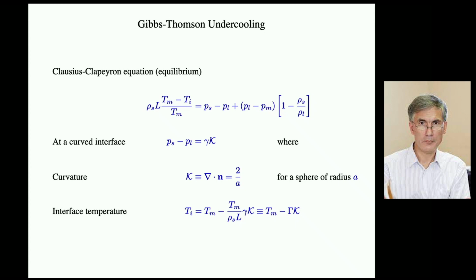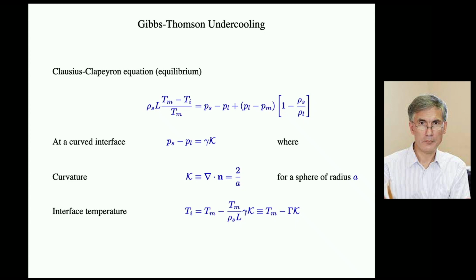And in this term, I've got the pressure in the liquid phase relative to the pressure at which this equilibrium freezing temperature was measured. So when I say the freezing temperature of water is 0 degrees Celsius, I ought to be saying the freezing temperature of water at standard atmospheric pressure is 0 degrees Celsius. If the actual pressure is different from standard atmospheric pressure, then it changes from Tm, and it changes according to this density difference.